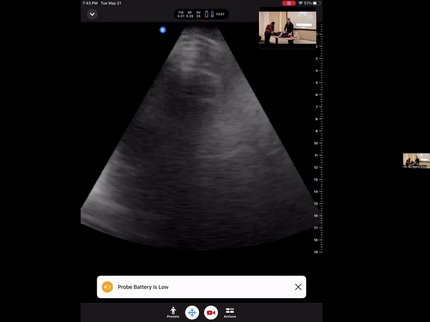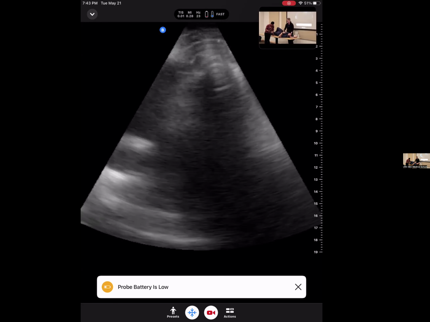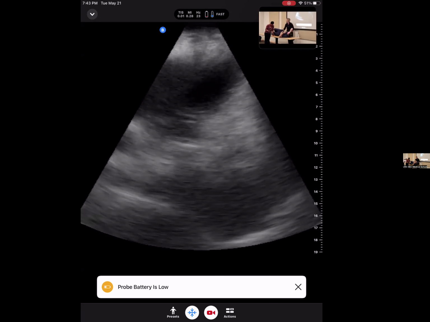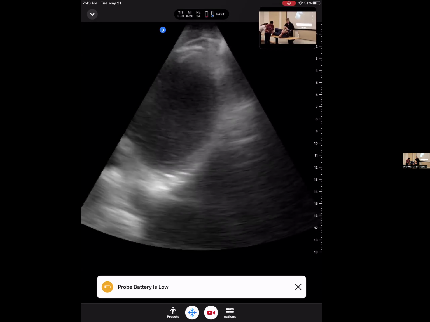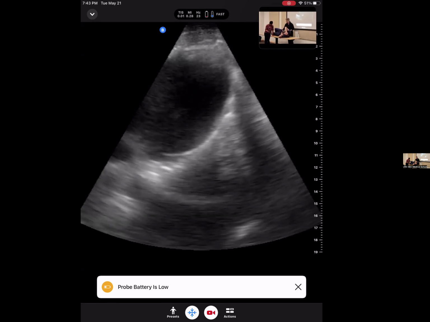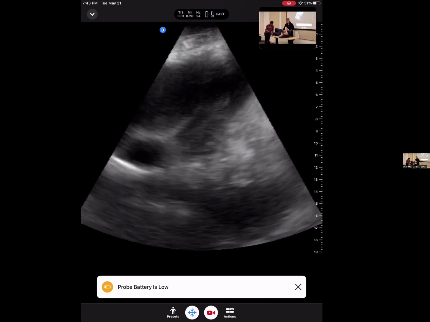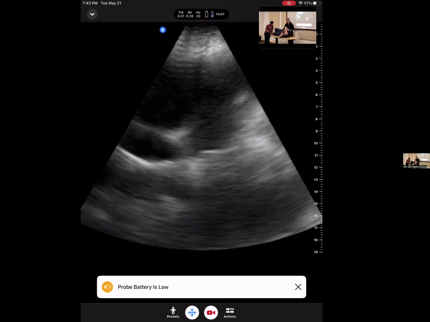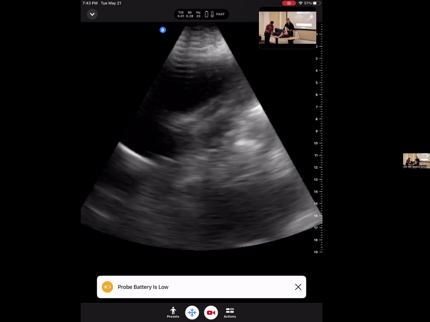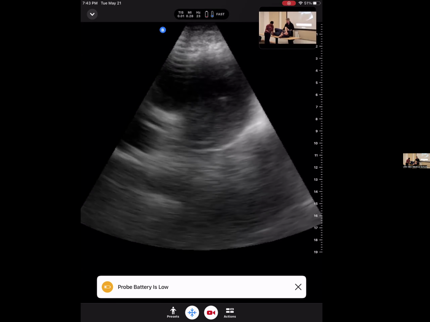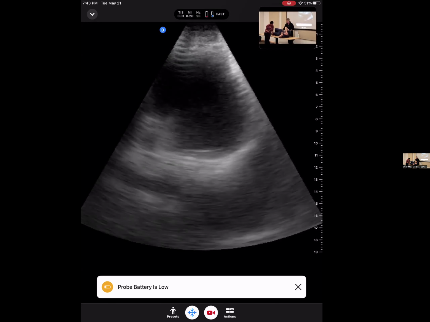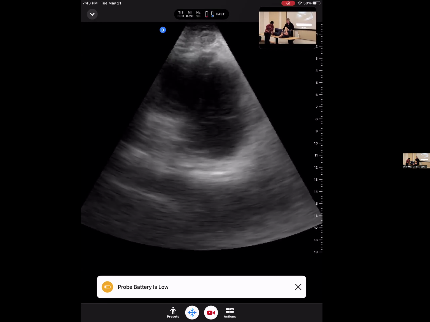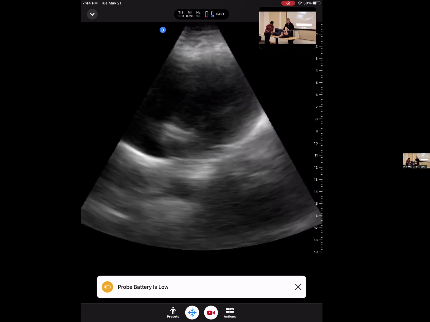Oftentimes it's very difficult. I'm just rotating it around, trying to see if I can get all four chambers.